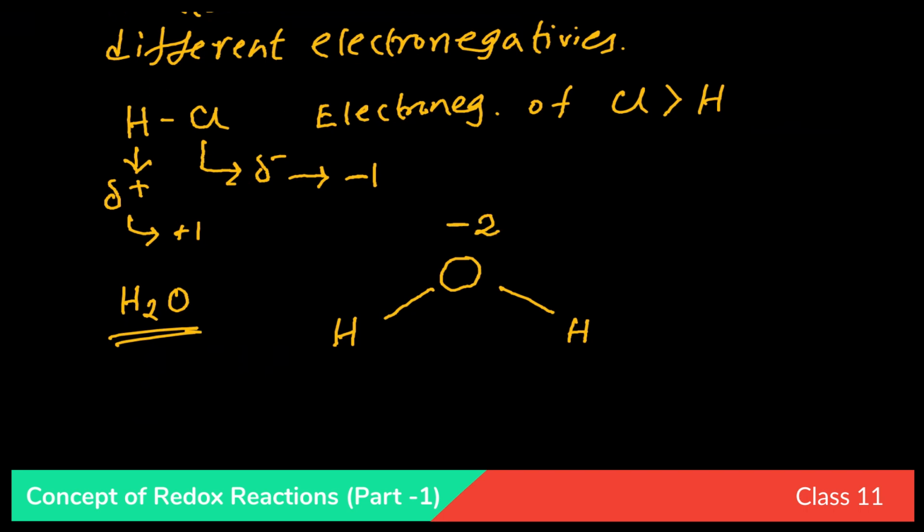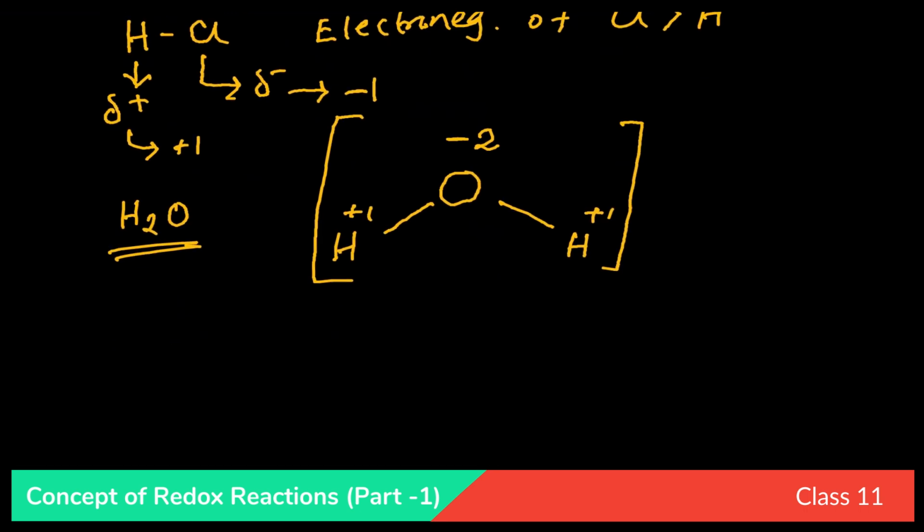As oxygen is more electronegative than hydrogen, and hydrogen will carry +1 here and +1 here. And as a whole, as it is a neutral molecule, its total charge will be equal to 0. So H2O will look somewhat like this. The oxidation number of oxygen will be equal to -2, and the oxidation number of hydrogen will be equal to +1.